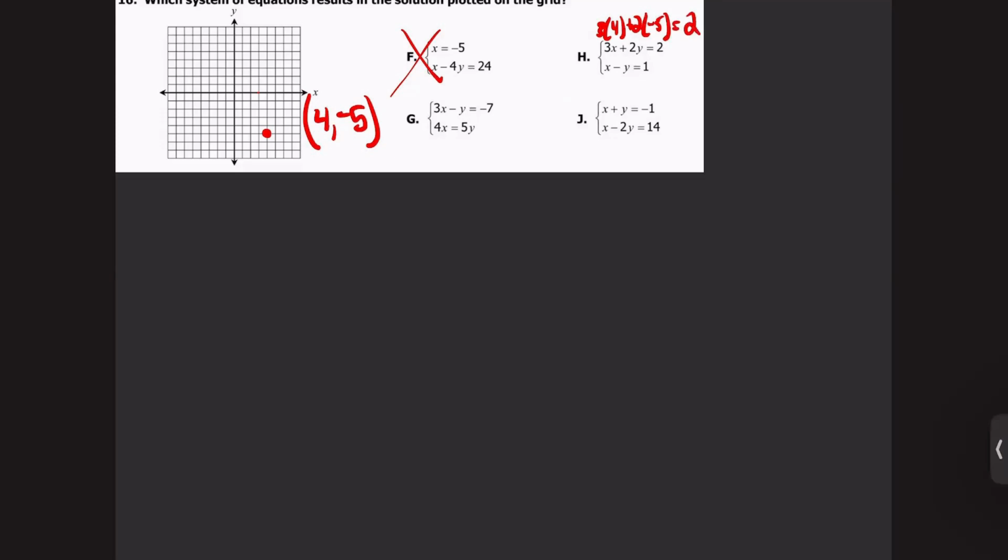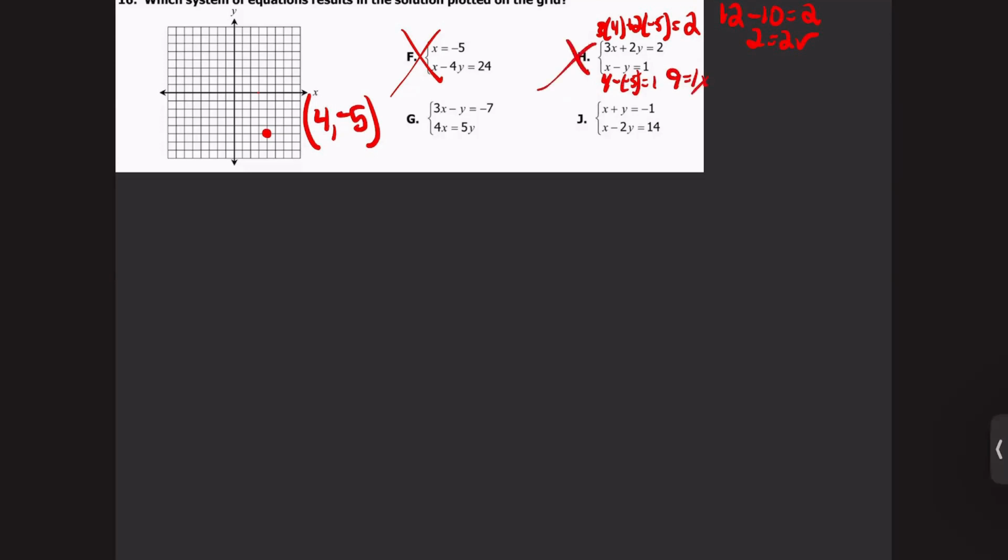Okay, that would be 12 minus 10 equals 2. 2 equals 2. Well, that one checks. But does 4 minus -5 equal 1? No. 9 equals 1. That doesn't work.